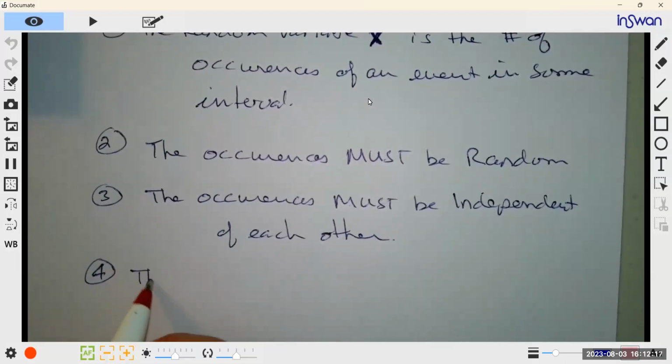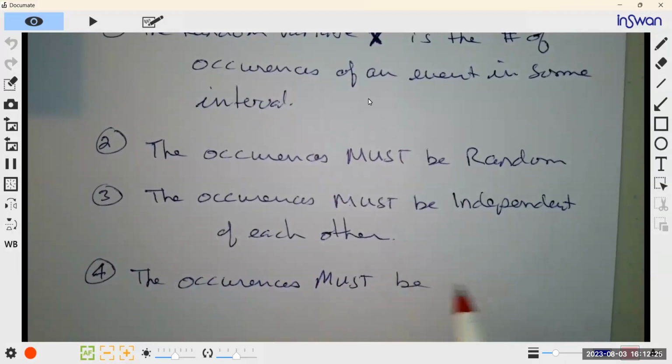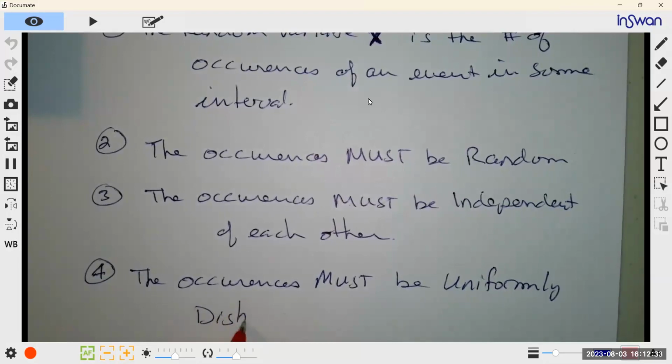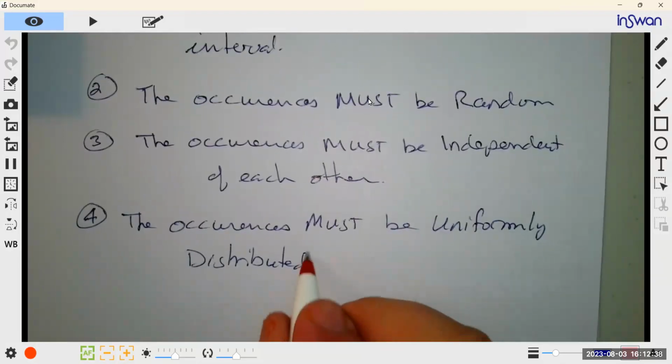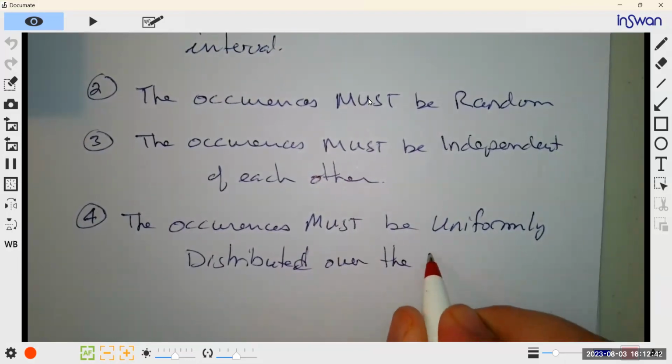And the occurrences must be uniformly distributed over the interval.